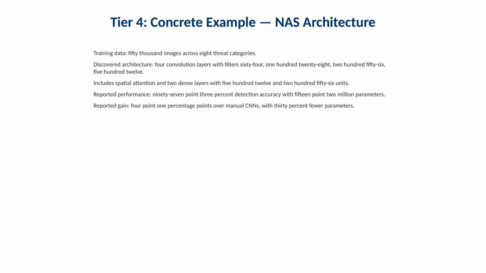In the reported example, neural architecture search is run on baggage X-ray data with 50,000 training images across 8 threat categories. The discovered architecture uses 4 convolutional layers with filters 64, 128, 256, and 512, adds a spatial attention mechanism, and ends with 2 dense layers of 512 and 256 units.